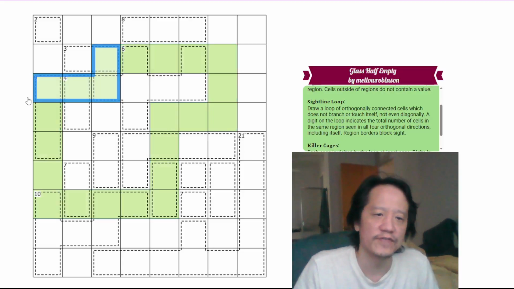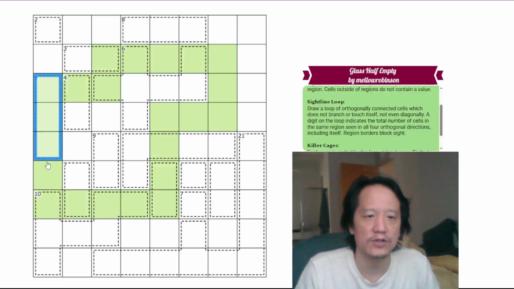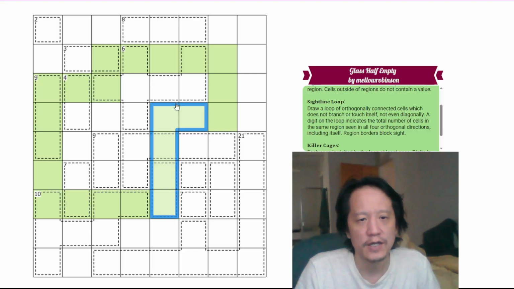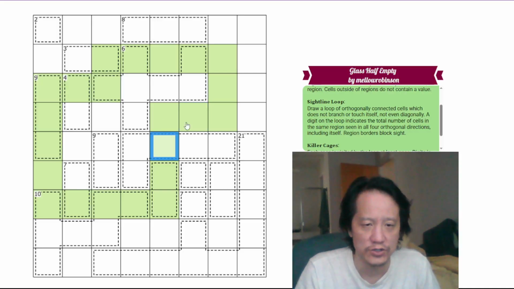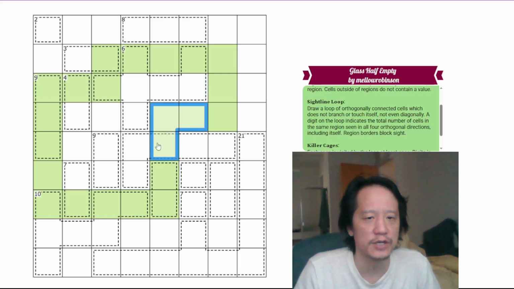So this is a valid orthogonally connected loop because every cell in the loop shares an edge with exactly two other cells on the loop. And any corner that it shares, it shares with either a neighbor or with another cell that shares a neighbor on the loop.